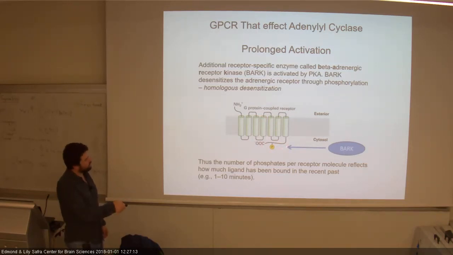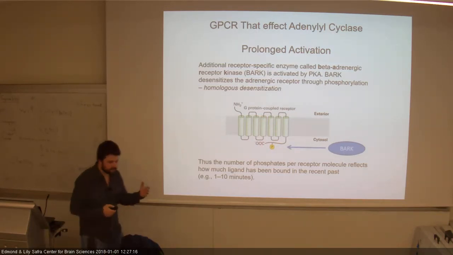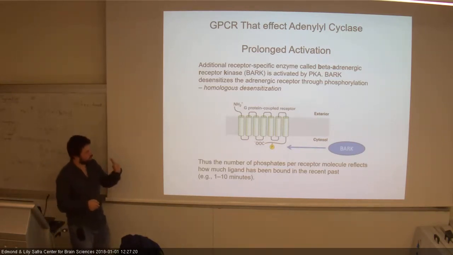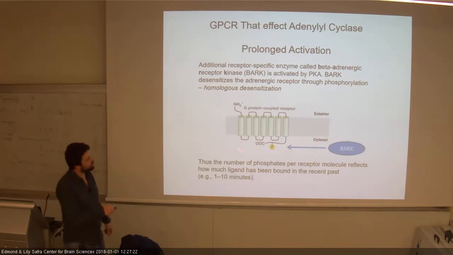This phosphorylation causes reduced affinity of the G protein to the receptor itself, hence diminishing the affinity, and causes what we call desensitization of the response.